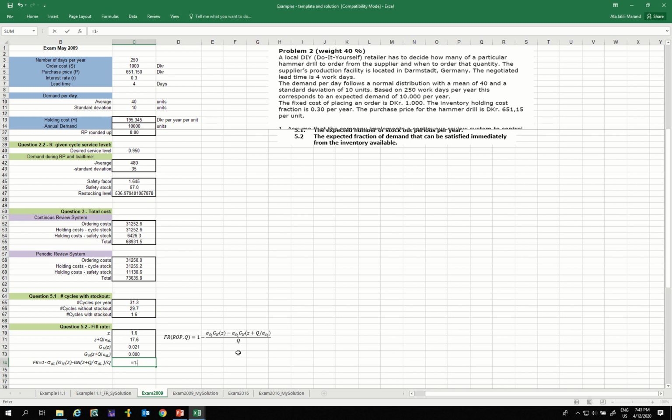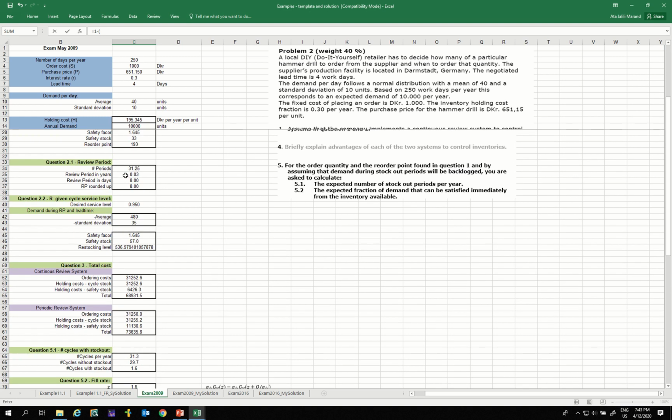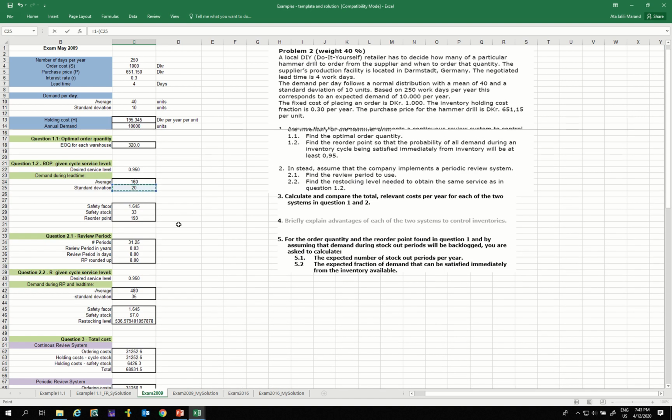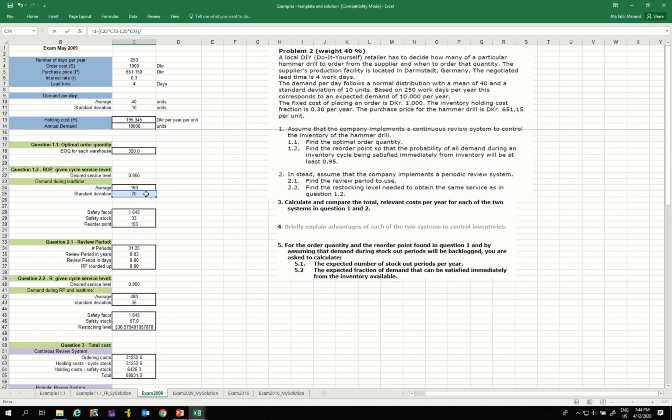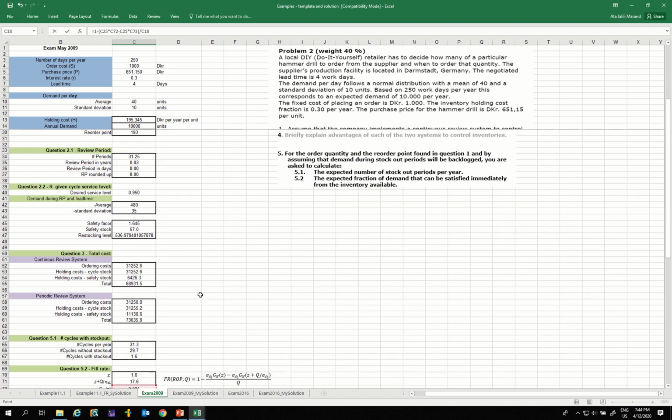So it is 1 minus sigma dL, standard deviation of demand during lead time, multiplied by Gn of Z minus standard deviation of demand during lead time multiplied by Gn of Z plus Q over sigma dL, divided by Q, and Q is 320.